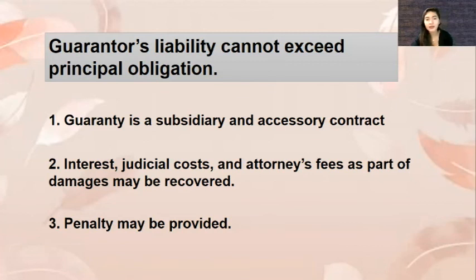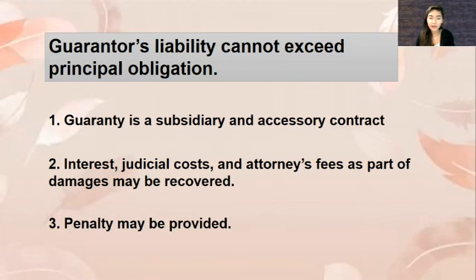So what is happening in this case? The surety is made to pay not by reason of the contract, but by reason of his failure to pay when demanded and for having compelled the creditor to resort to the courts to obtain payment. Interest does not run from the time the obligation becomes due, but from the filing of the complaint. So we should take note of that.